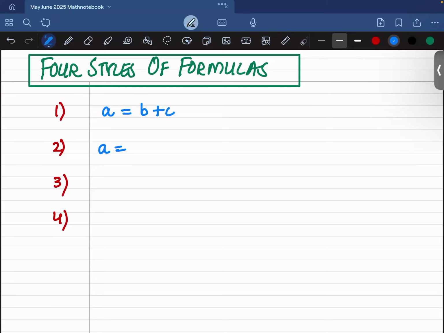Formula number 2 is when a is equal to b multiplied by c, the multiplication formula. Formula number 3 would be the subtraction formula, and formula number 4 would be the division formula. In maths, technically we have 4 styles of the formulas. Agree or not? Yes or no?